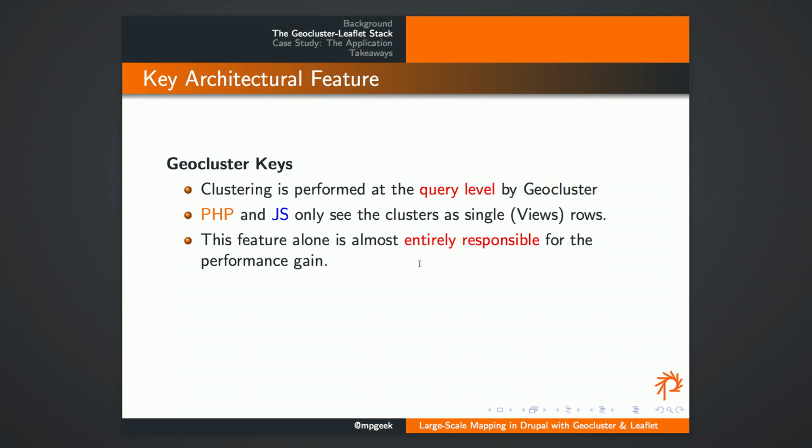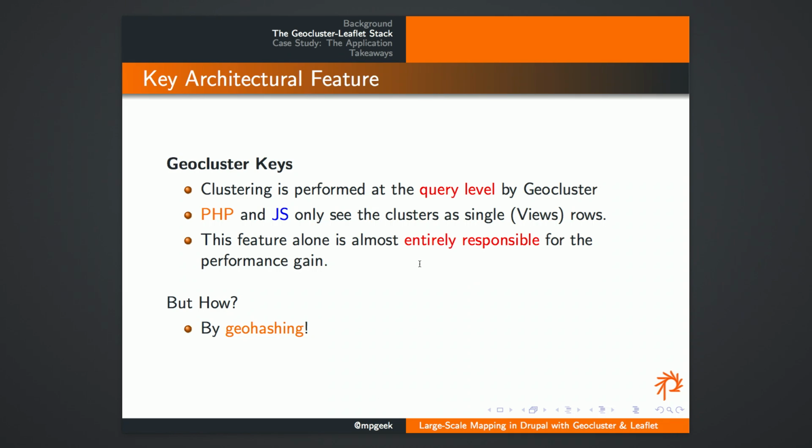So the key here again is it's a query level cluster. And PHP and JavaScript only see this list of clusters or sparse points. And this is where the performance gains are achieved. Because if PHP doesn't see this massive list, JS won't see a massive list.